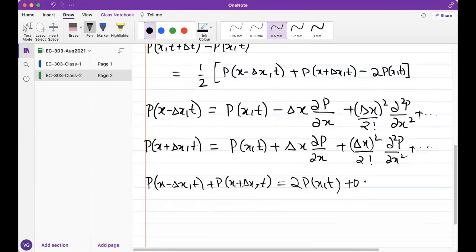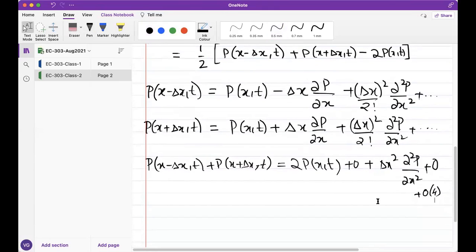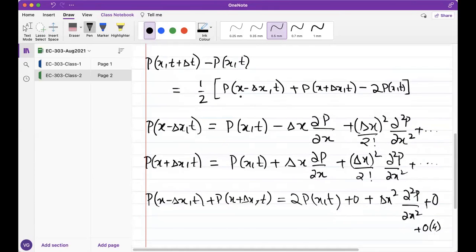We have 0, and then these two terms again add up, delta x squared. Again, the next term cancels, and I'm going to ignore the rest. There are fourth order terms which I'm going to ignore. So the summation of the first two terms of this right hand side is equal to 2P of x, t plus 0 plus delta x squared times this.